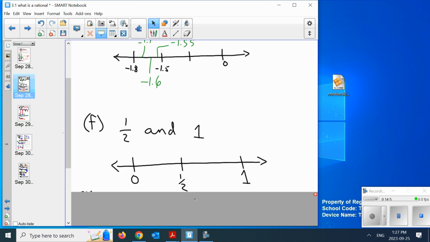2/3 is correct. Whereabouts would 2/3 be, guys? Is it closer to the half or is it closer to the 1? 2/3. Yeah, that's great. 2/3, 1/3. If we go from 0 to 1, and break this up into 3 equal parts, we want the second third.